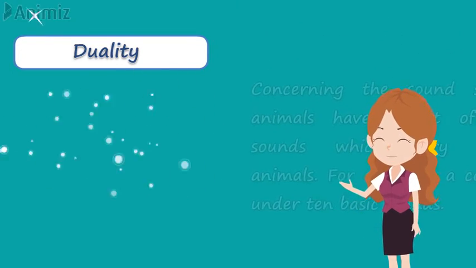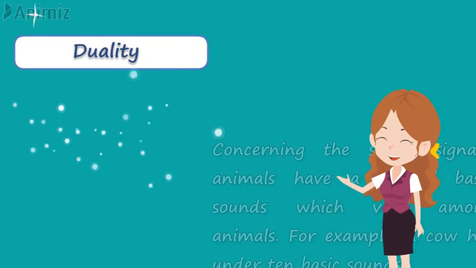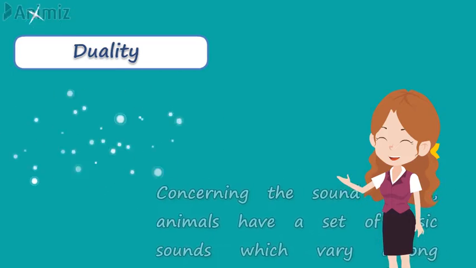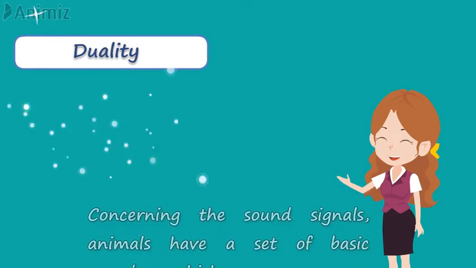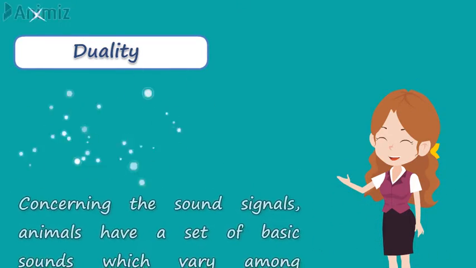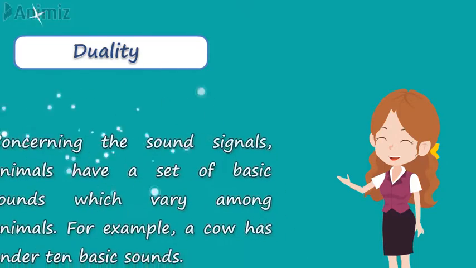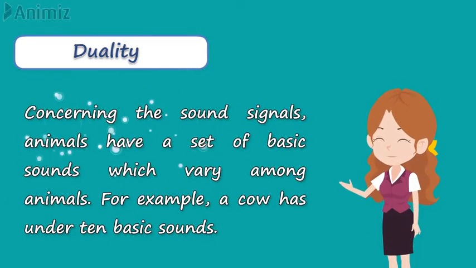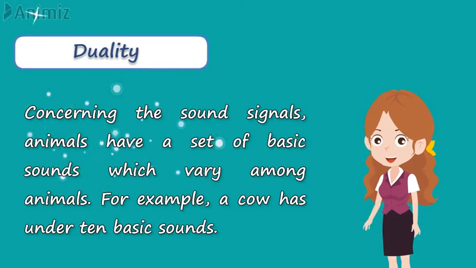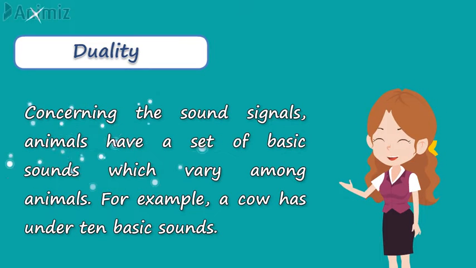The fourth feature is duality. Concerning the sound signals, animals have a set of basic sounds which vary among animals.